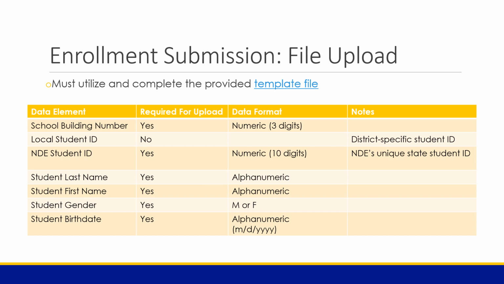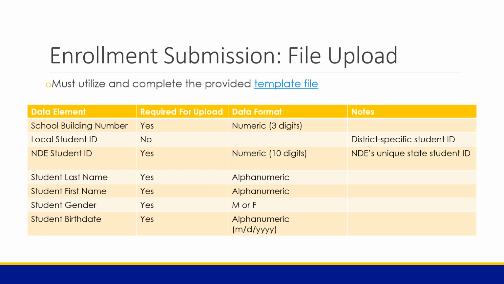The student enrollment file is available at the link on the slide you see here. It's important to note some formatting requirements for a successful upload of student enrollment information. Each of the data elements identified on the left side of the table is reflected as a column of required information in the student enrollment template file. Note two important things.